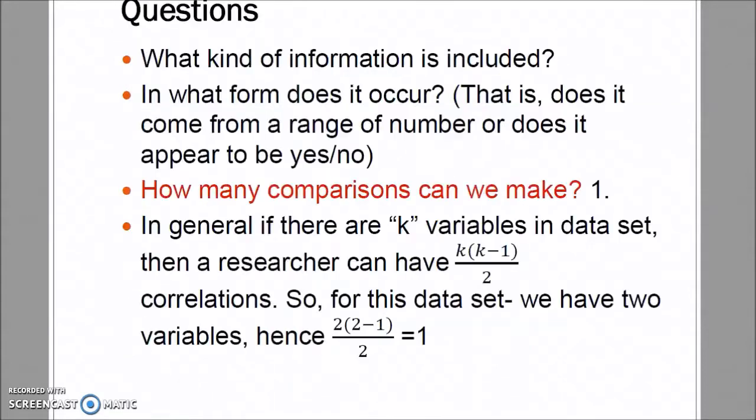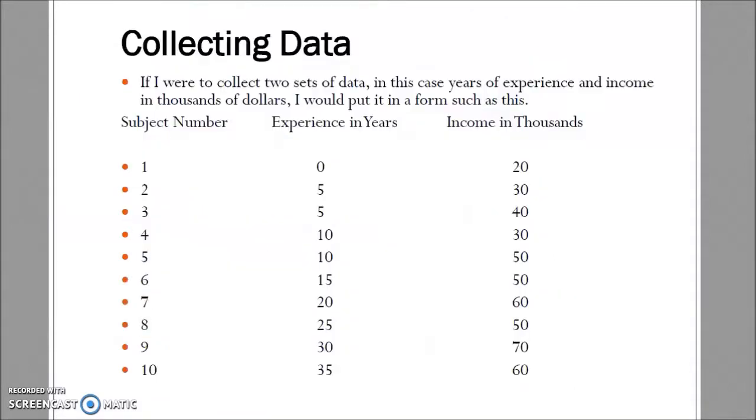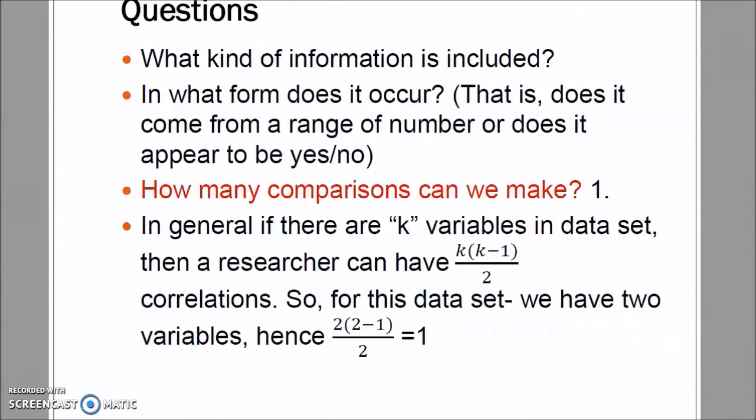I can also see whether it comes from a range of numbers or whether it appears to be yes and no. So here you are looking at whether it is nominal data or ordinal data. What kind of data is it? This is not nominal data. This is not ordinal data. You have what is called ratio data here, so that I can do mathematical operations on it.